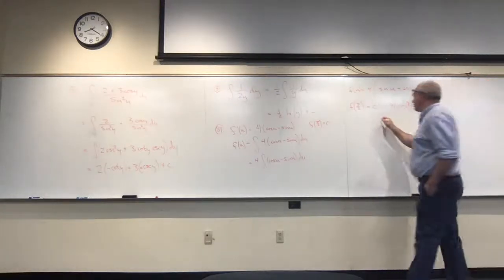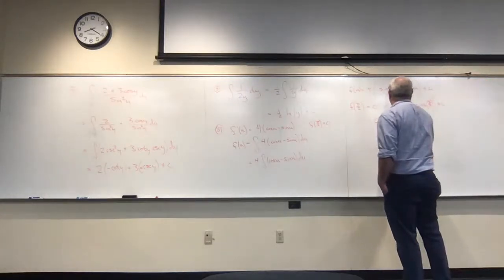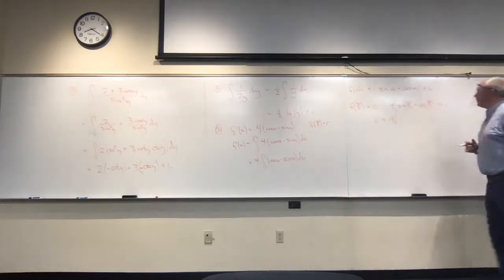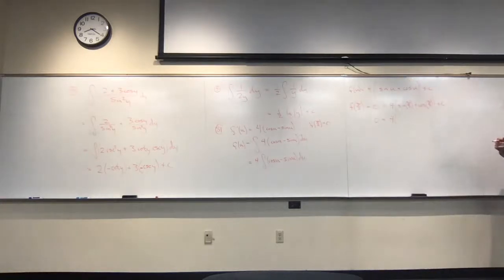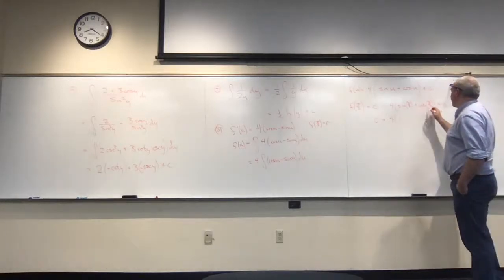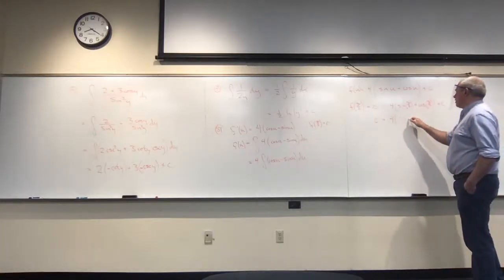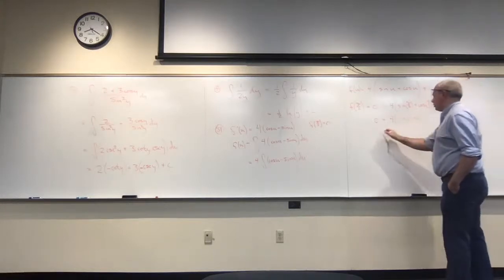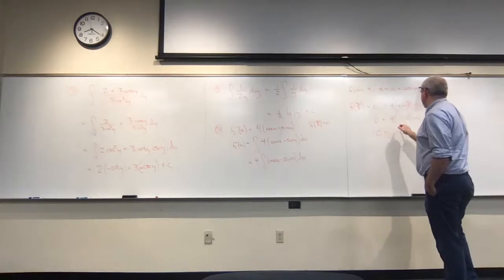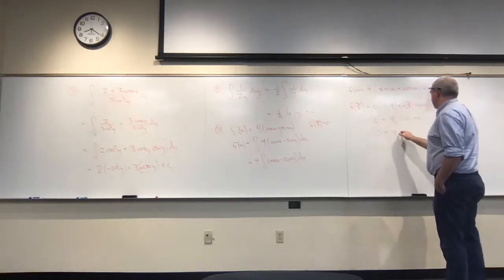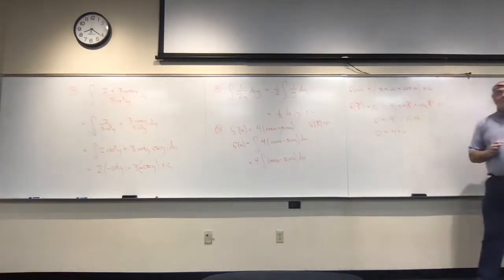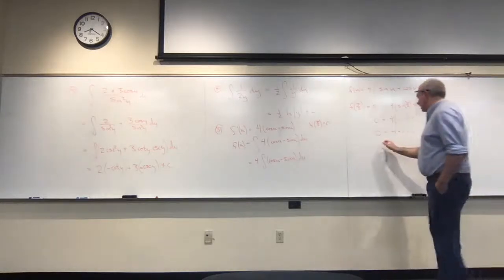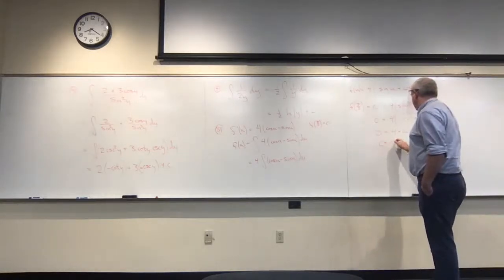So 0 is equal to 4 times sine of pi over 2, which is what? Yeah, just 1. And cosine of pi over 2 is 0, plus c. So we have 0 equals 4 times 1, which is 4, plus c, or c equals negative 4.